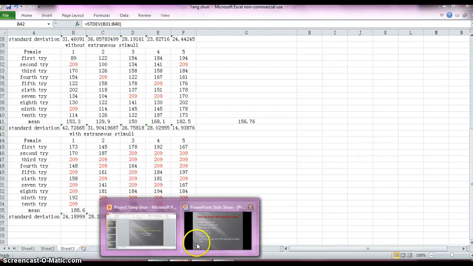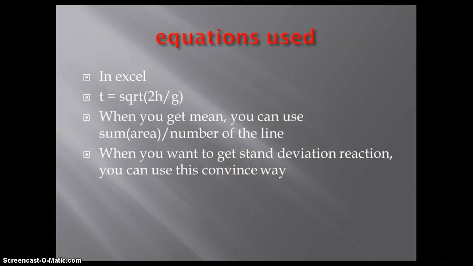So let's go back to the PowerPoint. The equation used is t equals the square root of 2h divided by g. To get the mean, you use the sum of the area you want to calculate, divided by the number of trials.